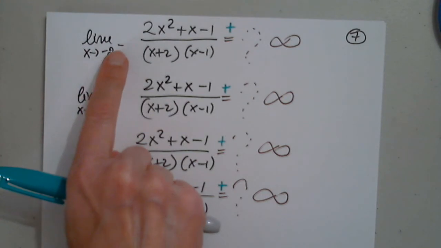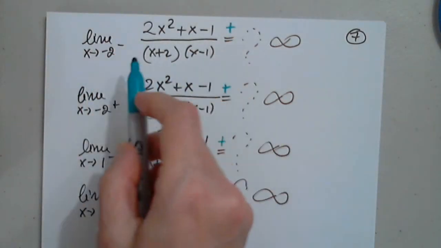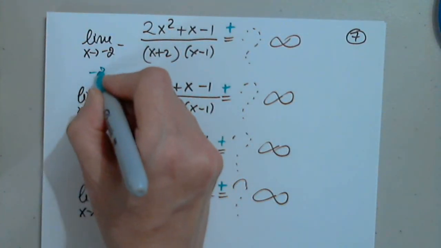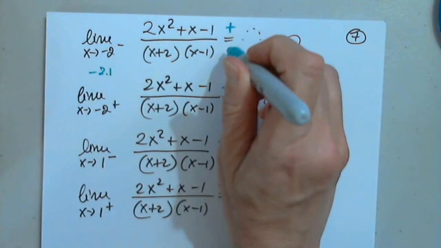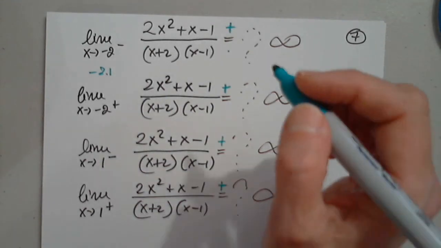That's what I don't have. So -2 from the left, it's like plugging in here -2.1. Please plug it in and just tell me the sign. That's all I need. Don't give me the number. I only need the sign. What is the sign in the denominator? Positive?